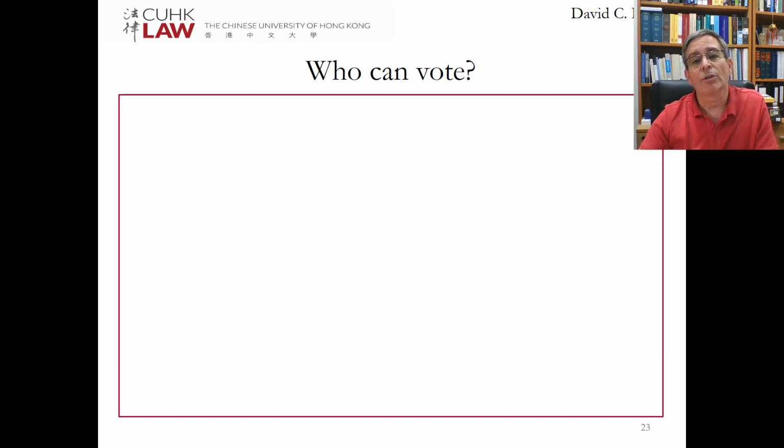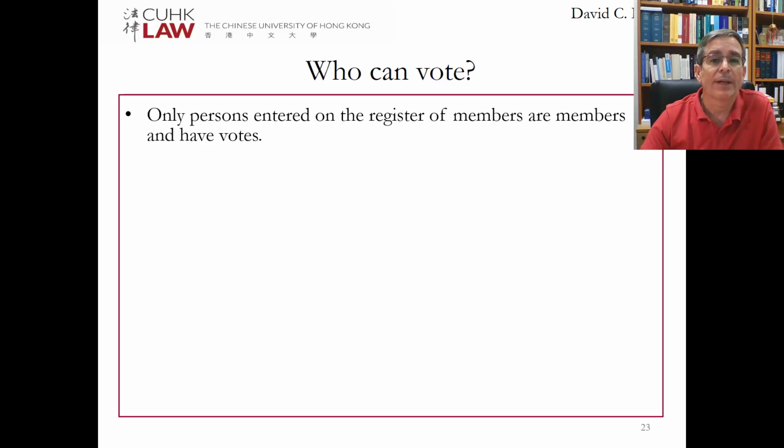So who can vote? That will be the members who are registered as members at the time that the invitation is sent out. And this means that if you were to sell your shares after the call to meeting has been sent out, you would still be eligible to vote in the meeting, but the owner of the shares would not.